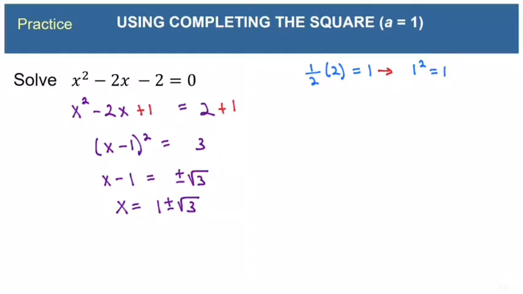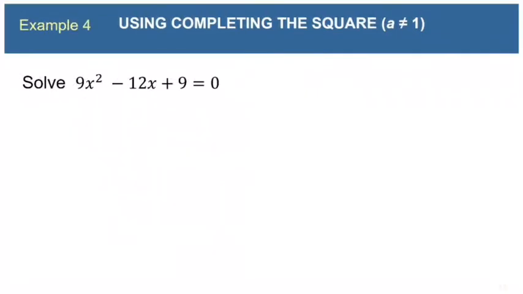Now here's one that is a little more complicated, and it's more complicated because we do have a coefficient here that's not equal to 1. So before our cut it in half and square it trick will work, we must eliminate this coefficient. Let's divide both sides by 9. We start by dividing all terms by this leading coefficient, and that's going to give us x squared.